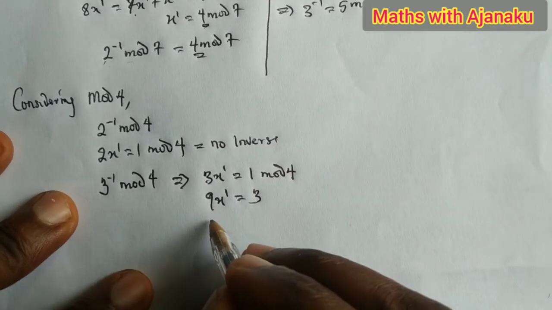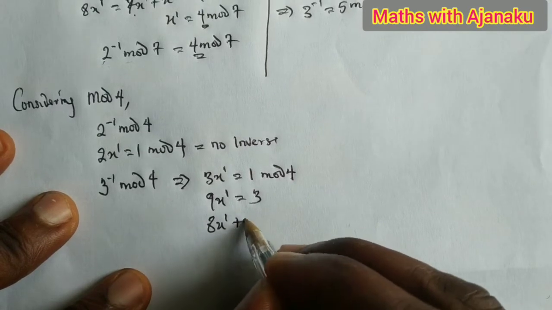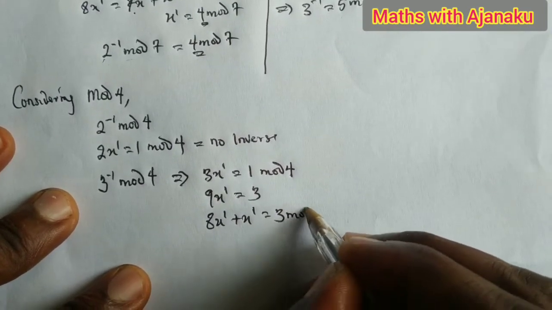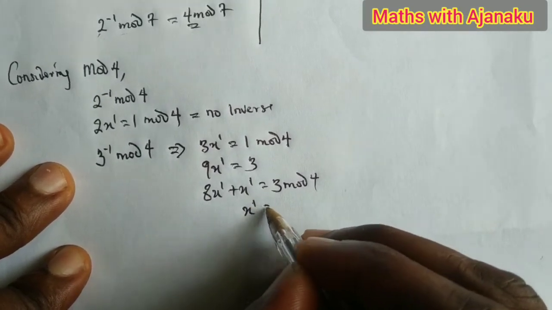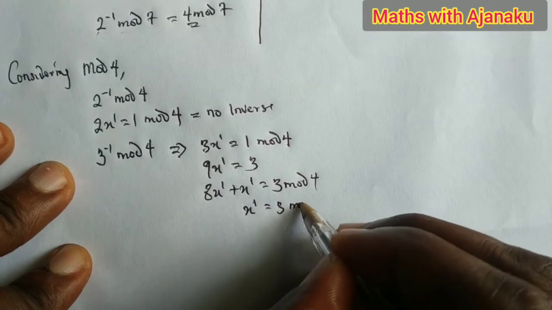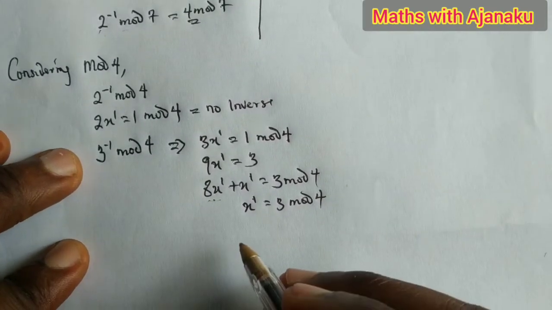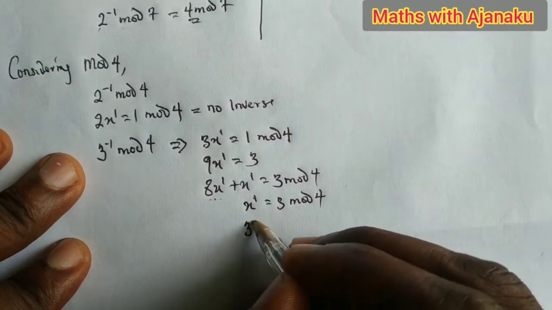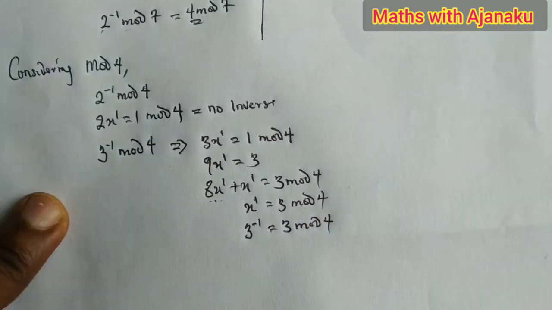Then this becomes 8x' plus x' is equal to 3 modulo 4. Since 8x' is a multiple of 4, it becomes 0, so x' is equal to 3 modulo 4. So here we realize that the inverse of 3 is 3 itself modulo 4.